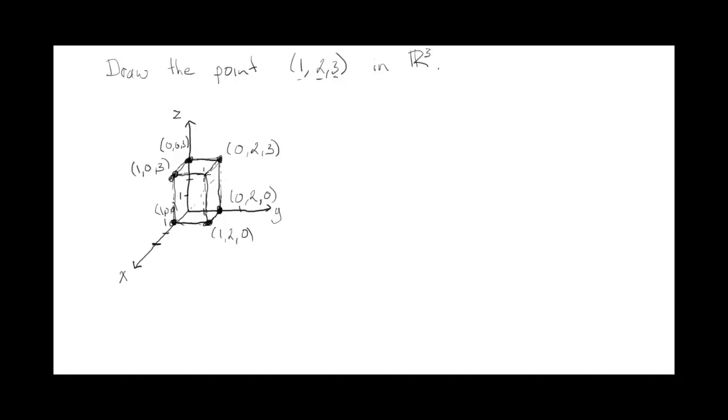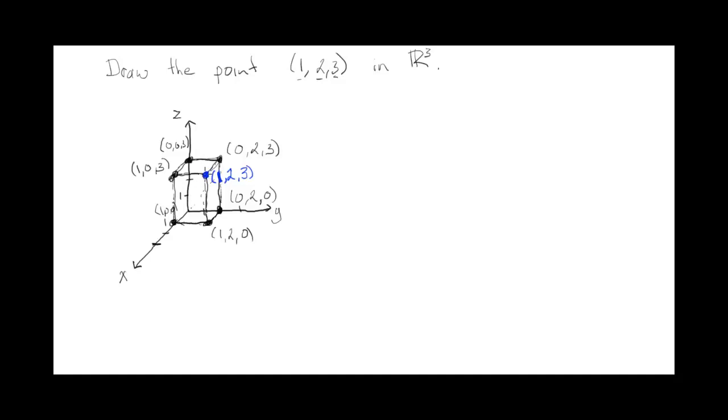But this point here, I'll do it in a different color. This point here, that's the point 1, 2, 3. Okay? By drawing this rectangular prism, I can give this point, which is placed in a 3-dimensional space, depth on this 2-dimensional page.